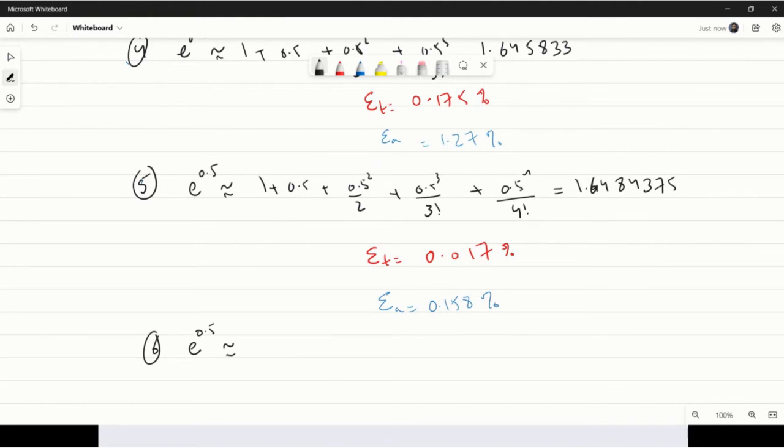So that's 1 plus 0.5 plus 0.5 square over 2 plus 0.5 cube over 3 factorial plus 0.5 to the power 4 over 4 factorial plus 0.5 to the 5 over 5 factorial. So it's 1.648698.